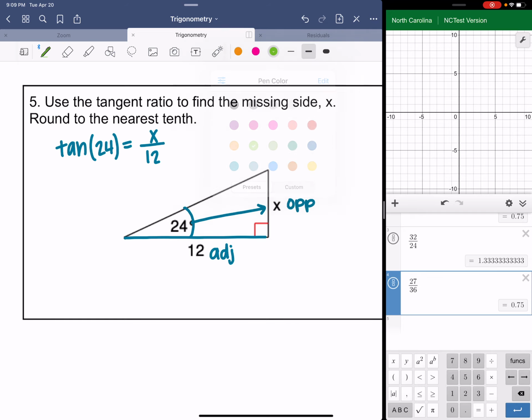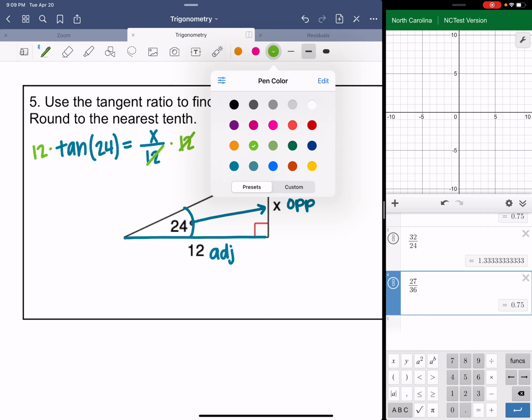Now we want to solve for x, so we need to get x out of that fraction by undoing the division on both sides. So we're going to times 12 on each side. Now on the right side, we have 12 divided by 12. So that is equal to 1, so we can cross out the 12s.